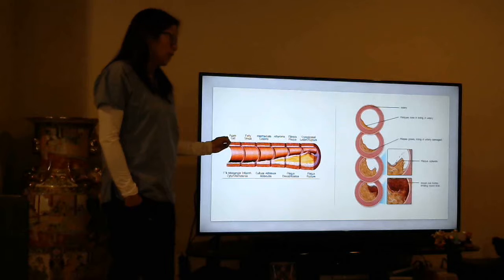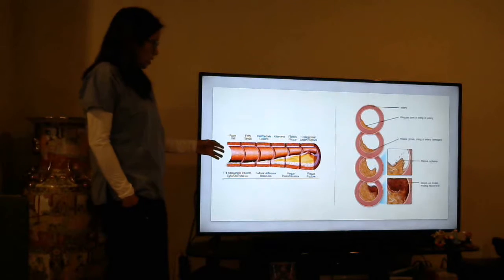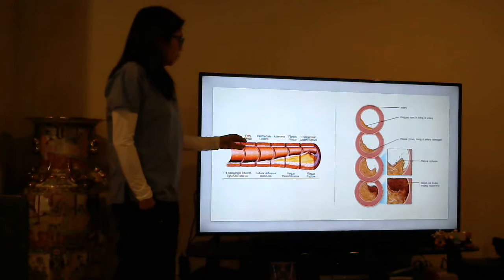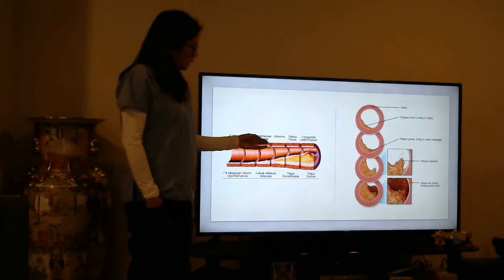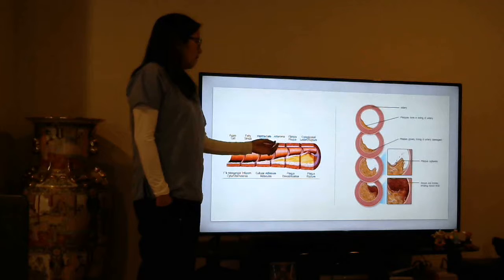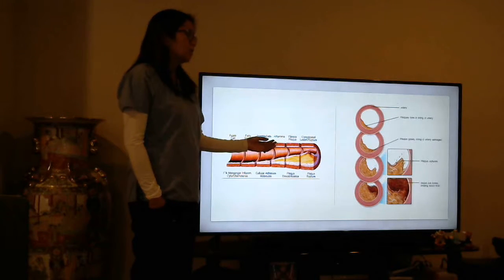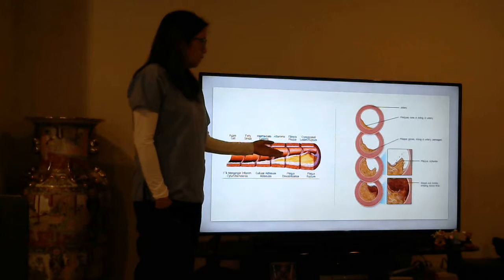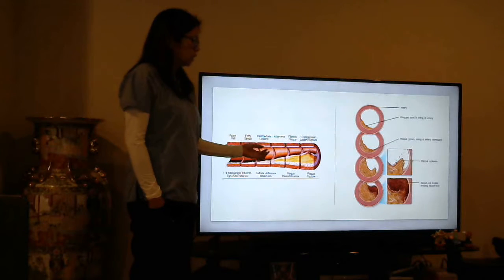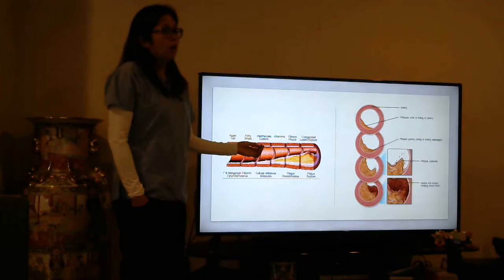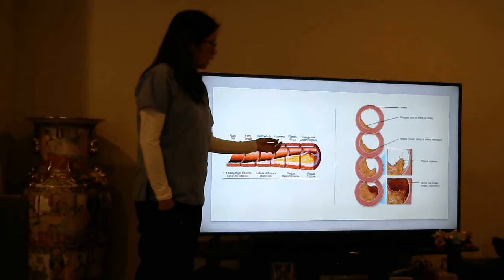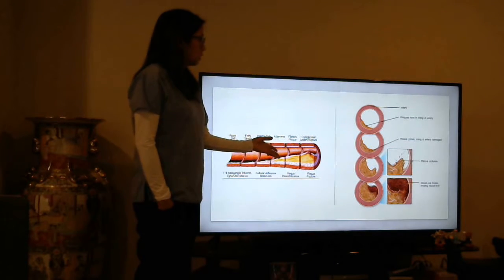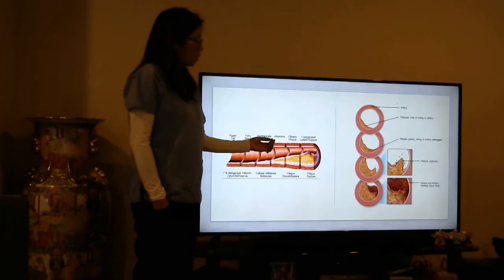The macrophages will come in and try to fix it, but then they form fatty streaks, and then an intermediate lesion that leads to fibrous plaques, and as the fibrous plaques continue, they will calcify. Calcification could lead to occlusion that leads to myocardial infarctions, and if it's not occluded, then it can also rupture. Ruptures lead to emboli or strokes.